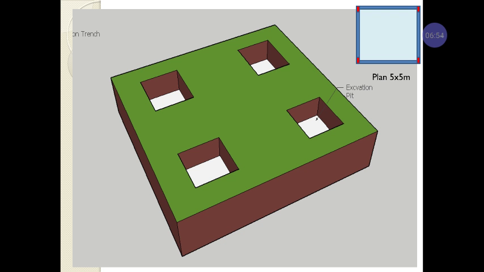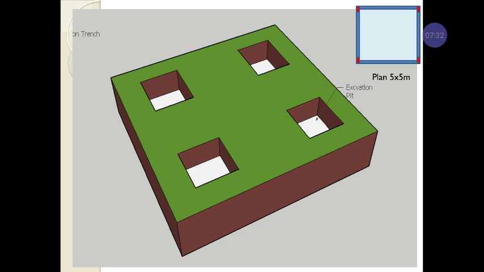Along the whole length of this wall, exactly below it, there will be a foundation. Same way, if you see the 3D, an excavation trench is done, in which a spread footing will be provided, over which above the plinth level walls will be raised. This is a basic idea for the excavation for the load bearing structure.